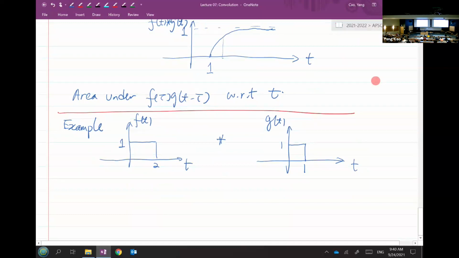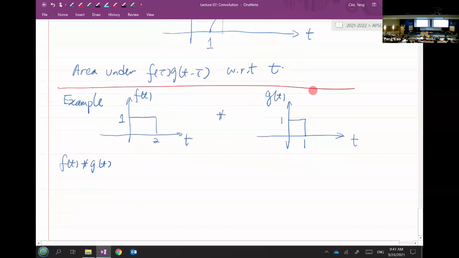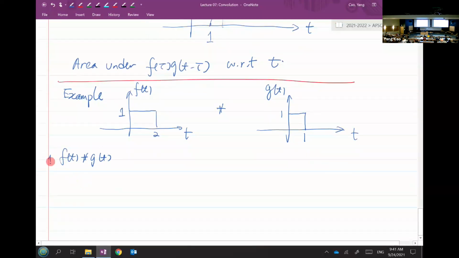Okay. First step, so I'm going to skip a few writings in here. First step, you determine, are you doing f of t convolved with g of t, or g of t convolved with f of t, right? So anyway, I'm going to do g of t convolved with f of t as my order. So that's your first step.